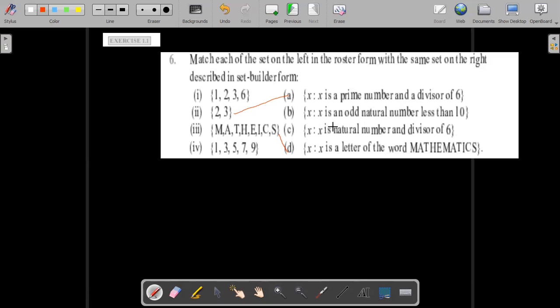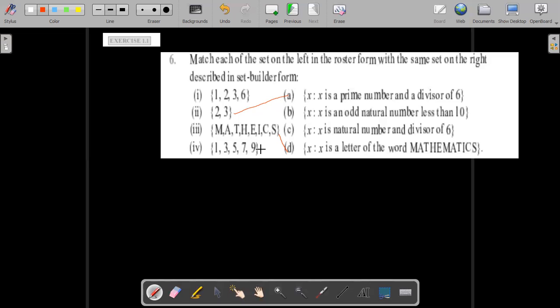And then odd numbers less than 10. So odd numbers 1, 3, 5, 7 are less than 10. Yes. Second is prime, 2 and 3 are prime numbers.